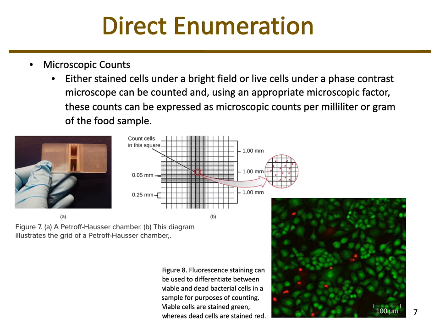Some of the stains are excluded by living cells, so we'd be able to indicate whether they're alive or not, so whether they're viable or not. And then we're able to calculate how many microbes are present per microliter or gram of a food sample.